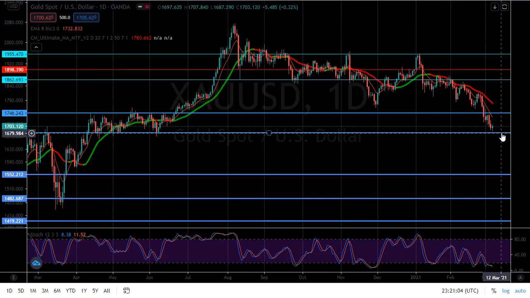So 1680 to 1678, if we get a retest of structure and a continuation to the downside, that will be fine for the week. But basically, we're looking forward to that retest, a pullback into market structure for us to continue to the downside.